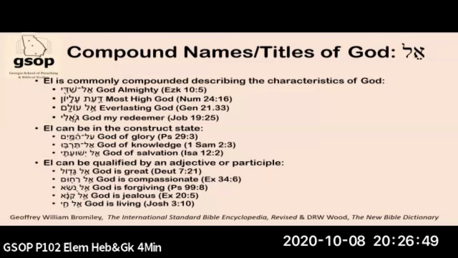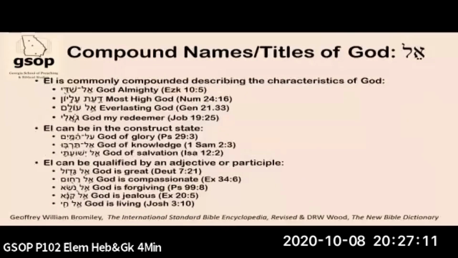Or El Kanna, God is jealous, Exodus 20, verse 5, we know that one. El Chai, God is living, Joshua 3, verse 10. So El is used as a title of God, representing or reflecting his character oftentimes.